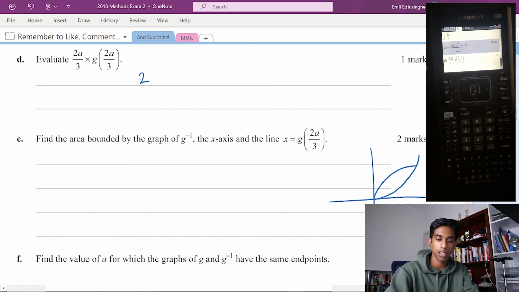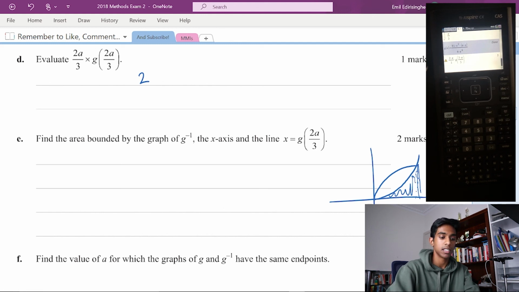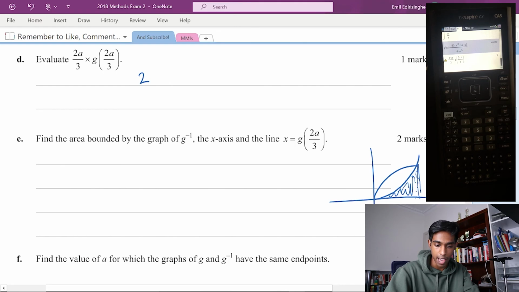And so the area that they're actually asking us to get is pretty much this area here, because the line x equals g of 2a on 3 is going to be a vertical line. But since we don't know what this is, instead of finding this area like that, what we can do is find the area of the normal function from here. So we'll get this whole rectangle and then minus this area underneath.